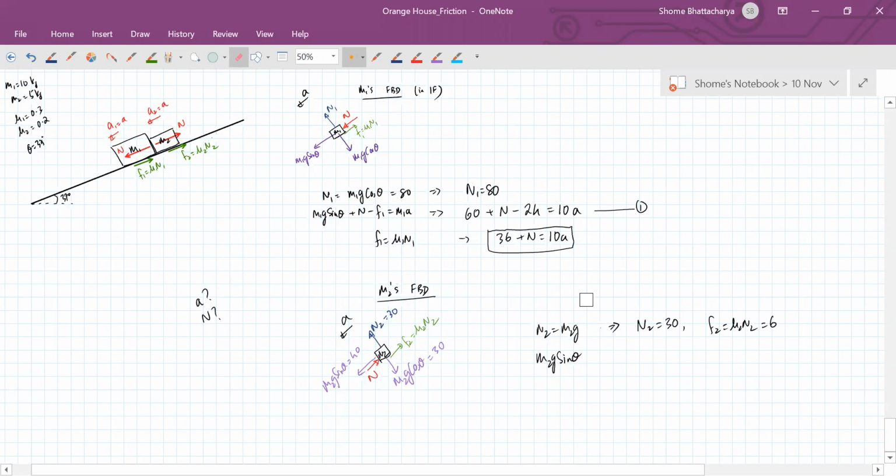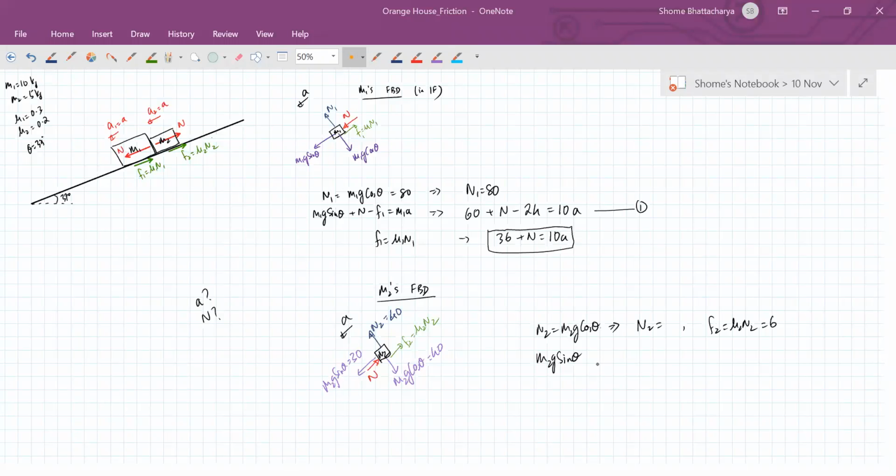That's correct, the value I've written is correct. Yeah, this one will be 40 and this one will be 30. Yeah, so I'm just showing you the values.